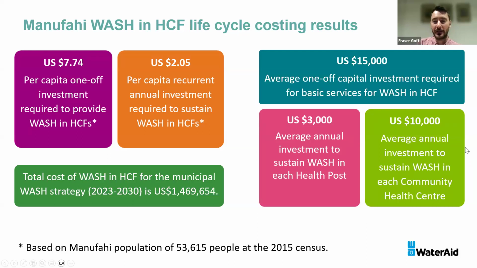Based on the population of the municipality, this equates to approximately $7.74 US per person for the initial investment, and just over $2 per person per year for ongoing costs. Next slide, please.